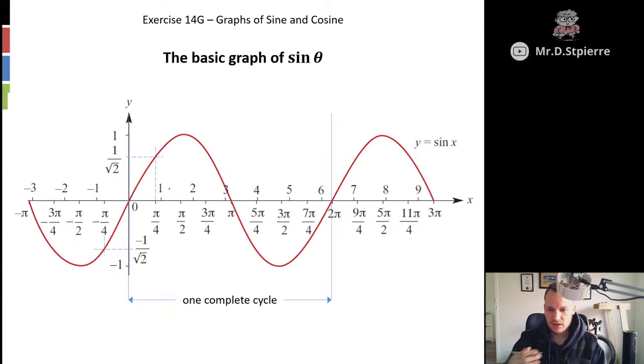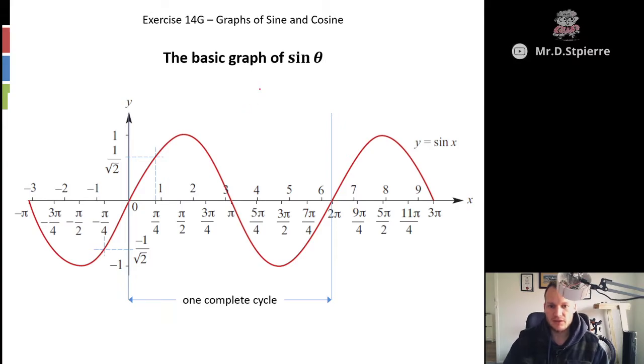It doesn't just stop. It's not like a regular quadratic or a cubic. It actually keeps repeating, going on and on. If you don't restrict your domain, if you don't restrict how many times you revolve around the unit circle, the graph's just going to keep going on and on in this wave-like motion.